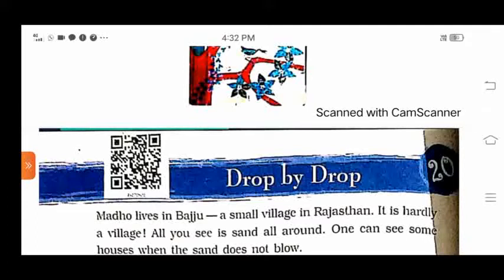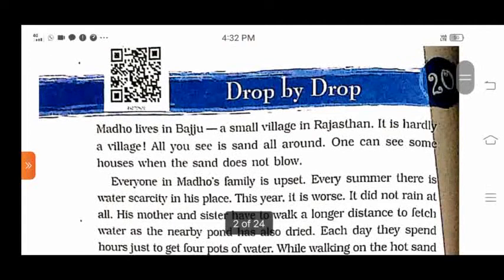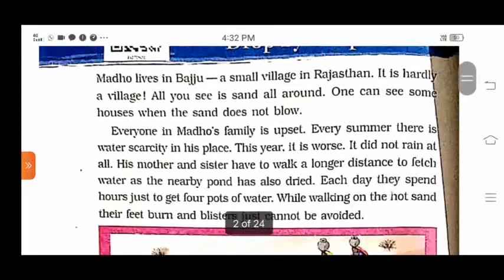You know that people always want to live in a place where they do not face the problem of water. So during this summer, the family of Madhav is very upset because they are facing so much problem of water. In this season there is no rain, and that is why the nearby pond also dried up, and his mother and sister have to walk a long distance to fetch water.